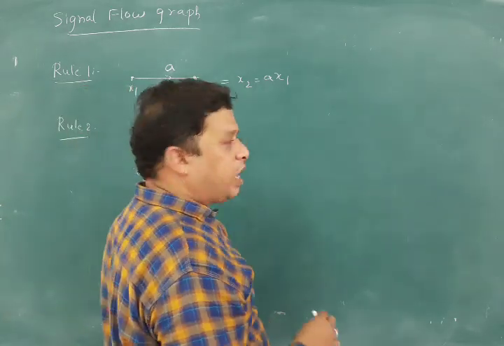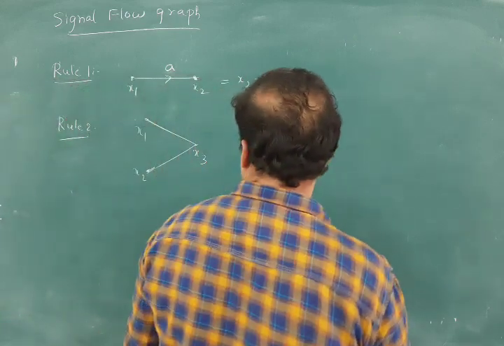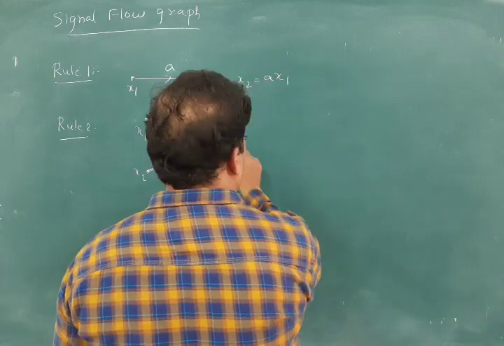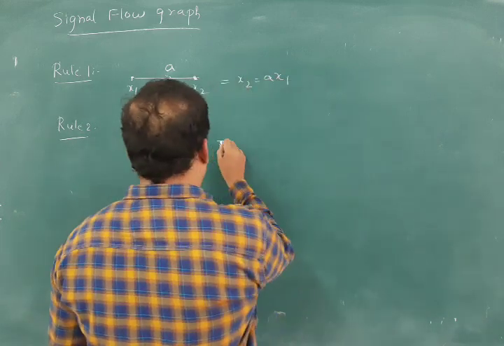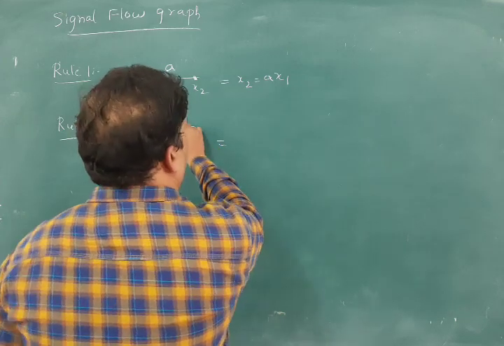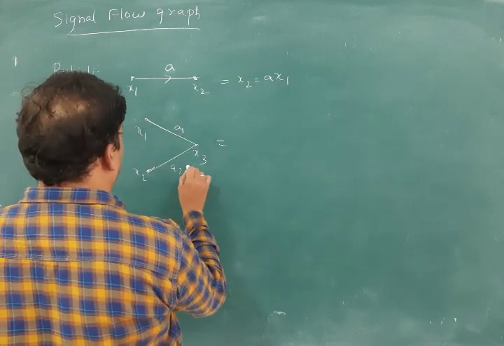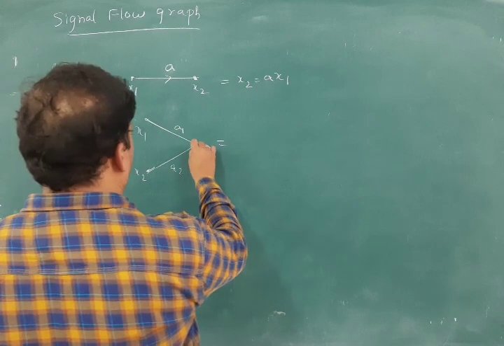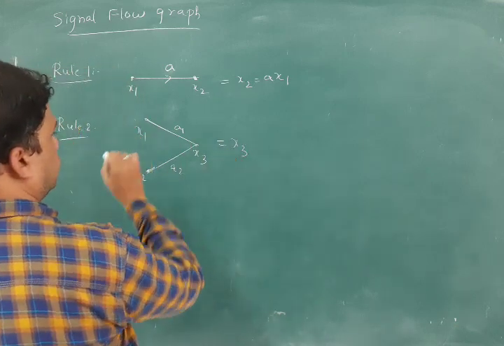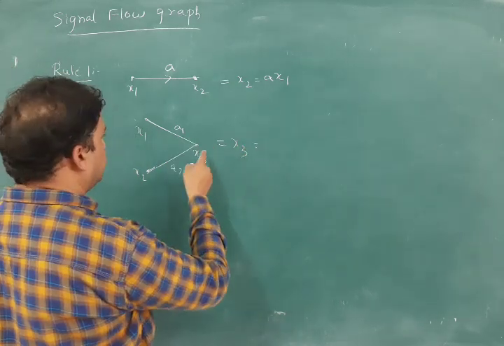And if you have one more node called x3, with gains A1 and A2, then x3 equals A1 x1. Why? Because we are multiplying, as we have done here: x2 equals a x1, so x3 equals A1 x1.